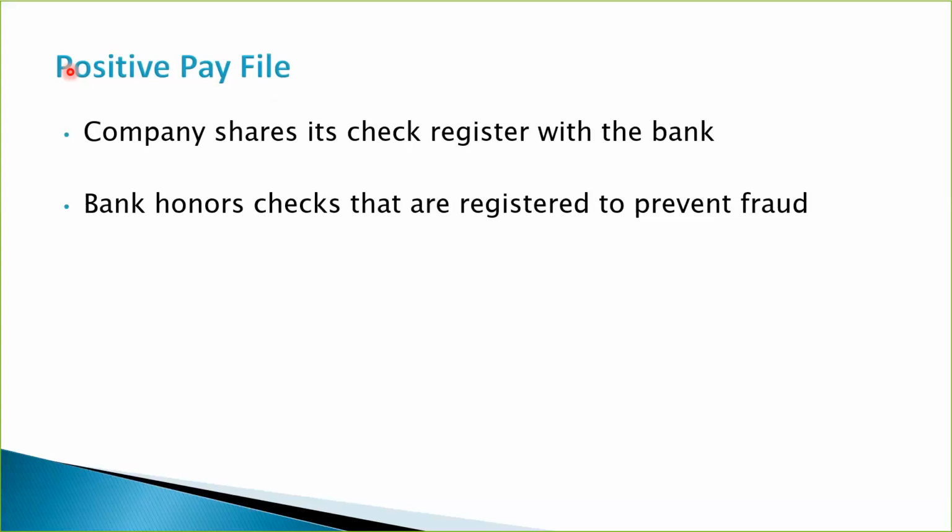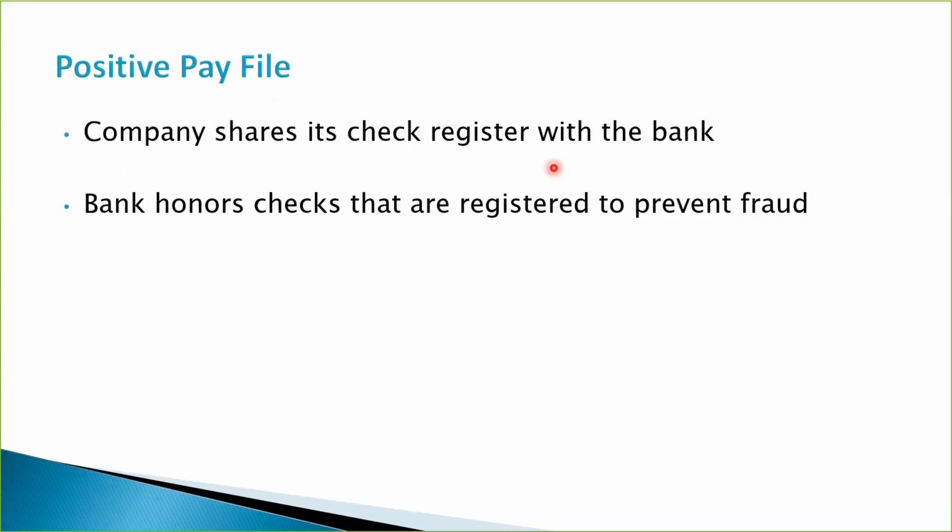The other thing that we also need to know is this thing called the positive pay file, which is also something that you can configure in your payment process profile. So what does this do? So positive pay file is produced through a service whereby a company shares its checks register with the bank.